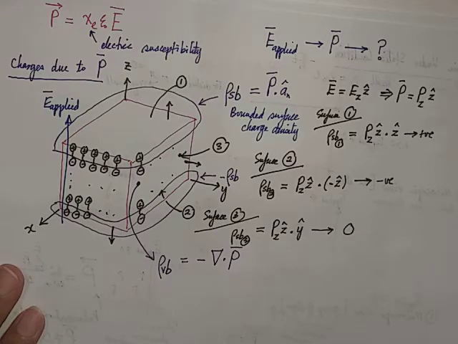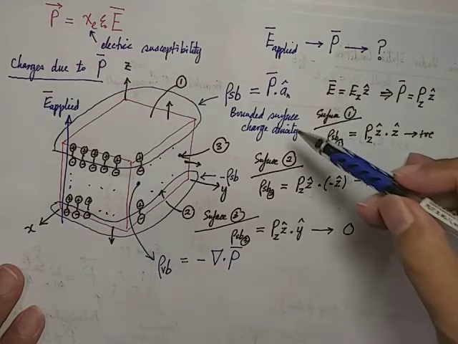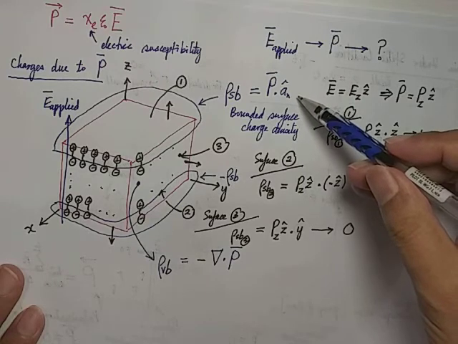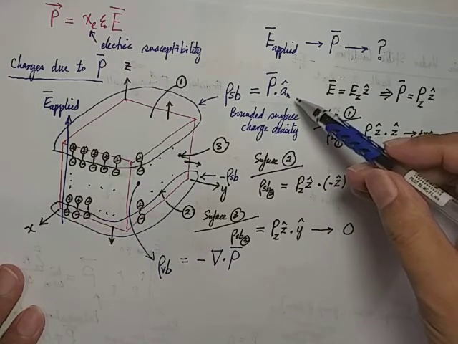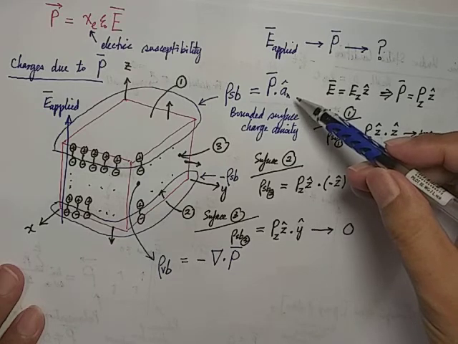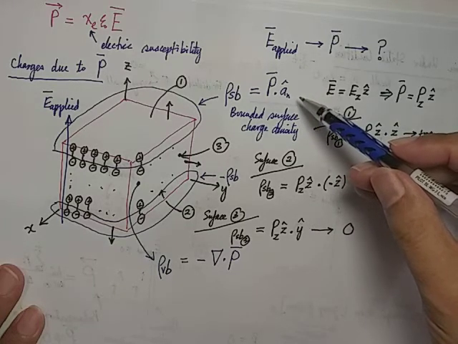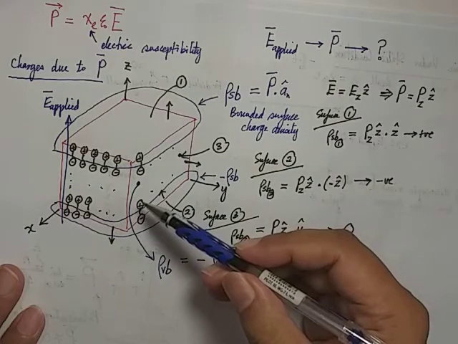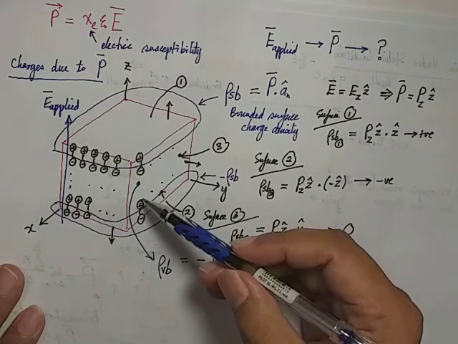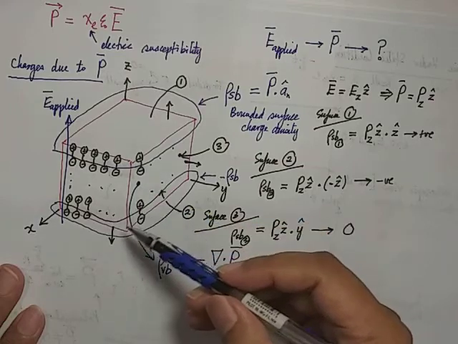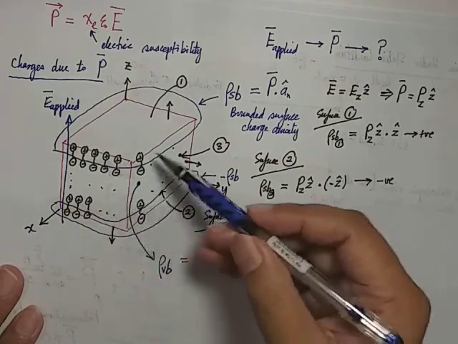So therefore, two new charges are going to be introduced in the dielectric material. The first type of charge appears on the surface of the dielectric material. The way we calculate that particular surface bound charge is by utilizing the equation shown here. And the second type of charge that is introduced is known as volume charge, but we call it bound volume charge density, which appears inside the dielectric material.